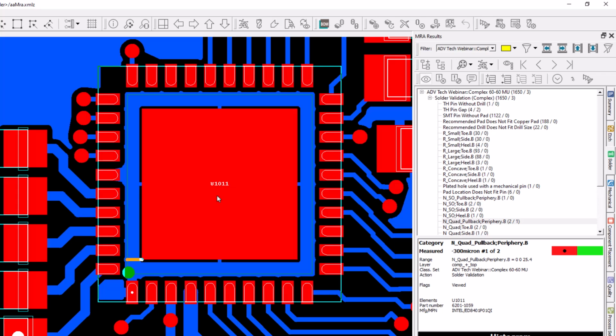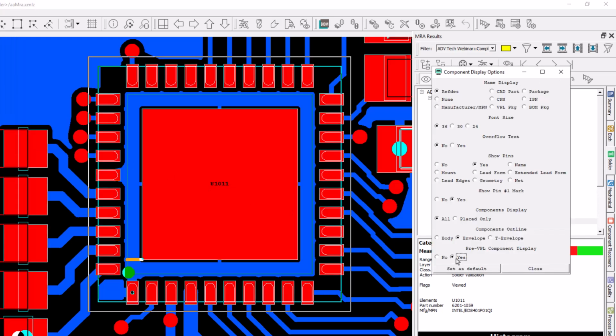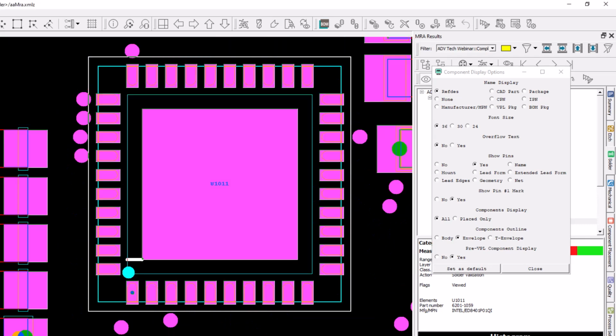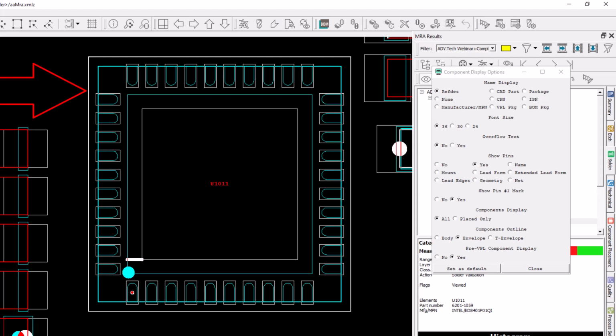Let's look at the CAD package versus the VPL package. I'll turn on the pre-VPL component display, which will show us what the CAD package looks like. The white outline is what the package outline looks like coming from the CAD tool, while the light blue represents the VPL package.